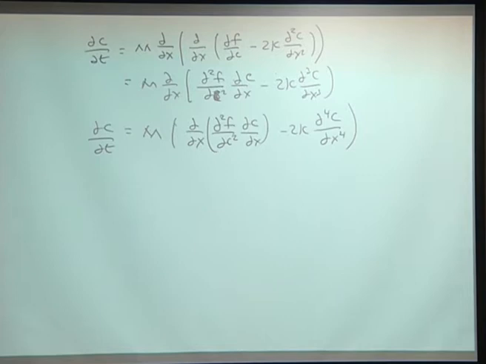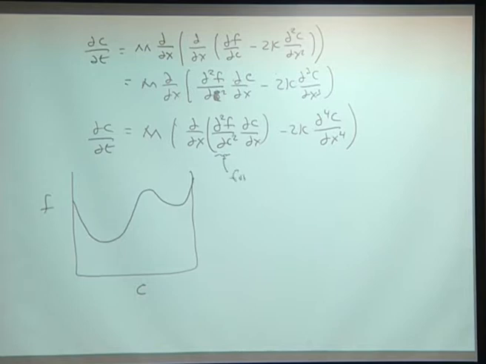Okay, so the thing that makes this a little interesting is really this term here, because remember the free energy is a function of composition, kind of looks like this, and so it's pretty clear that this term here is a function of composition.